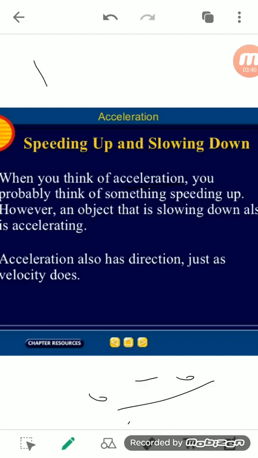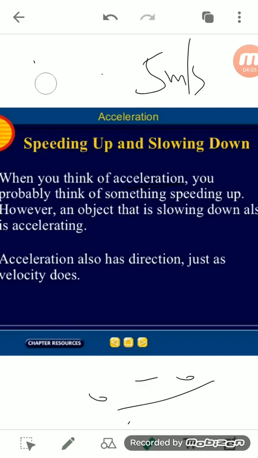Suppose the velocity is 10 meter per second, and it comes to 5 meter per second. At that time you see that again there is a change in the velocity, although there is a decrease in the value of the velocity. So that change in the velocity in a particular time also helps in determining the acceleration.